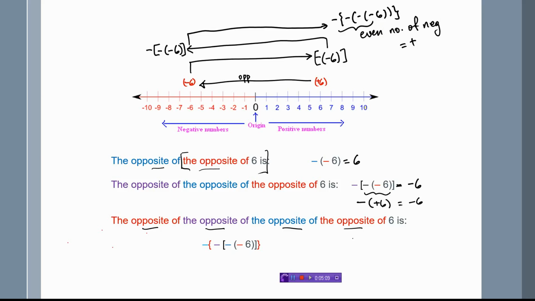Having an odd number is equal to a negative. So I hope this approach will give you an appreciation of why two negatives make a positive. Let's move on to a second approach.